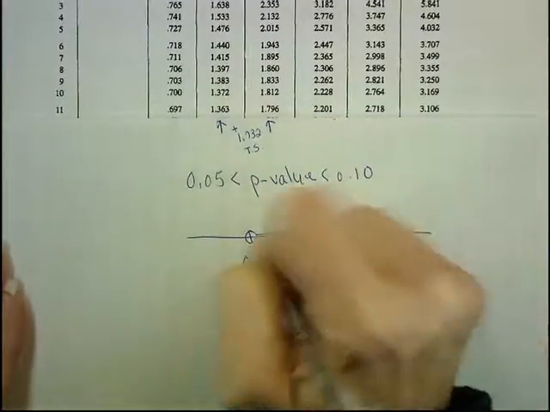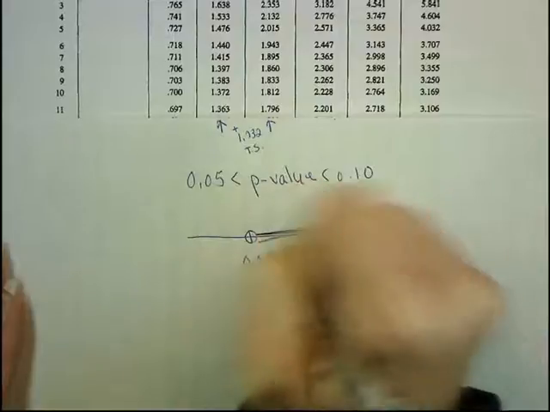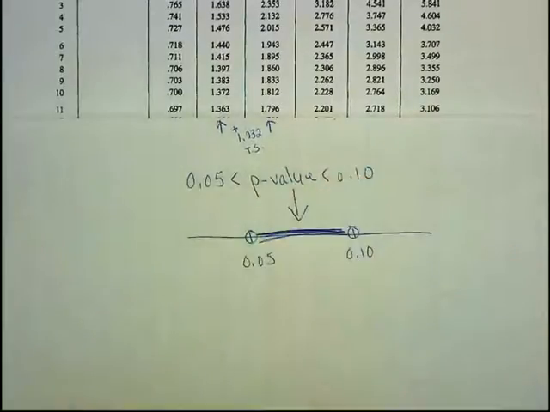So the p-value can be any number in between here. But it cannot be 0.05, it cannot be 0.1, but it can be any number in between, which could be 0.06, 0.07, 0.09, 0.0864, but it cannot be exactly 0.05 or 0.1.